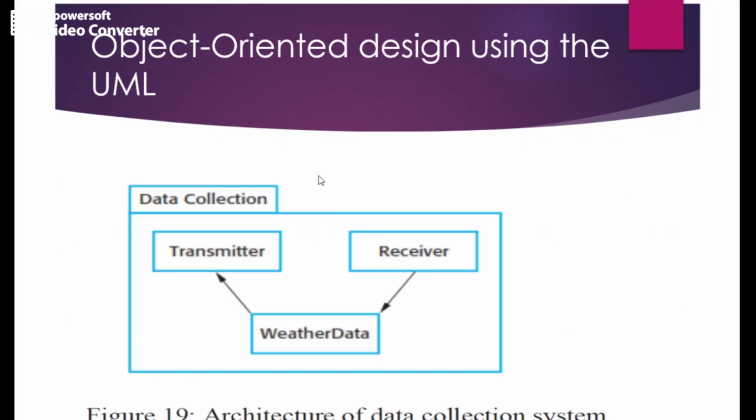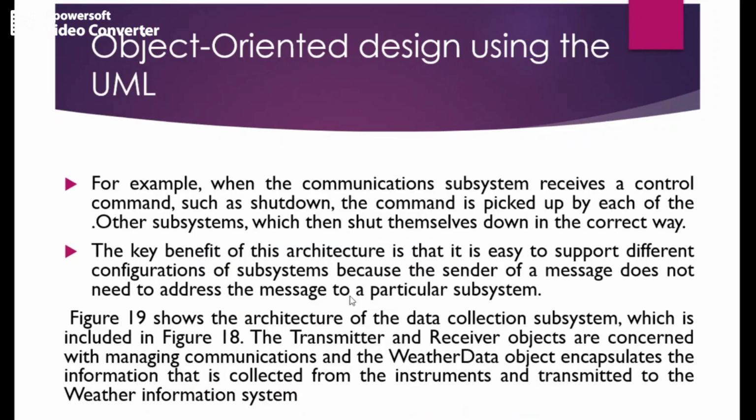What you can see in this architecture is you have a transmitter, a receiver, and weather data. The transmitter and the receiver objects are concerned with managing the communication. Any communication means the transmitter will be sending the message and the receiver will receive the message.